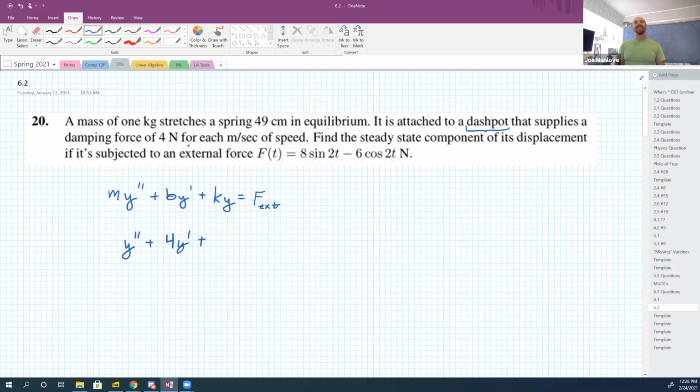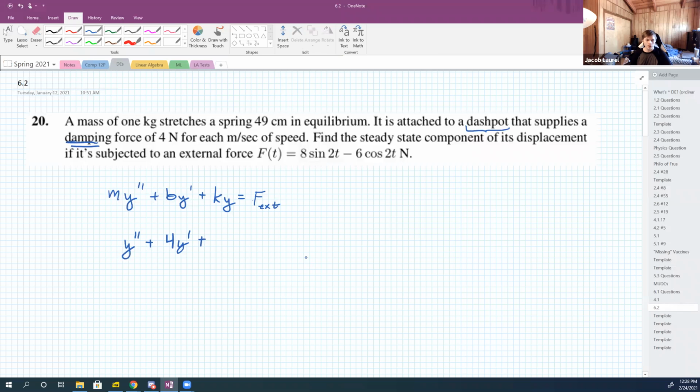The reason why we know the 4 goes in place of the b coefficient is because it tells us newtons per meter per second, which is the first derivative. Since the force is 4 newtons, it's 4 equals c times 1 meter per second, so you solve by dividing by 1 and you get c, the damping constant.